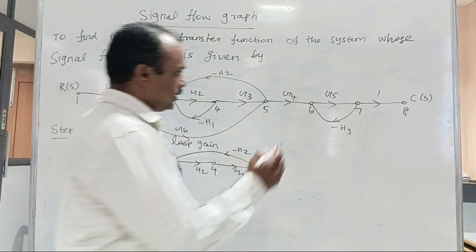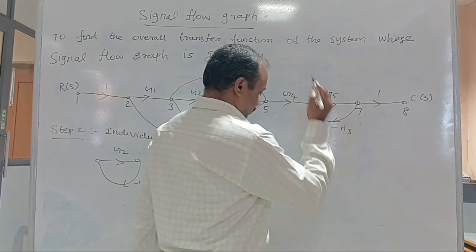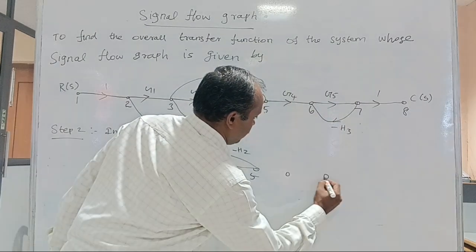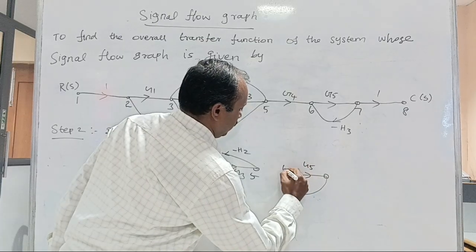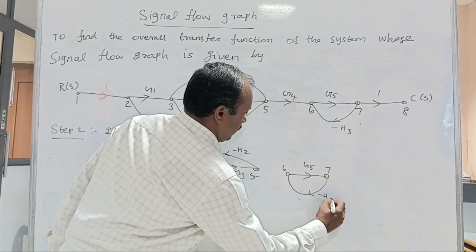Then the third loop is the closed loop 6, 7, with G5 and minus H3.